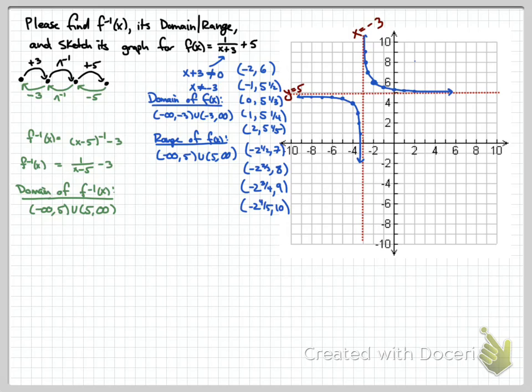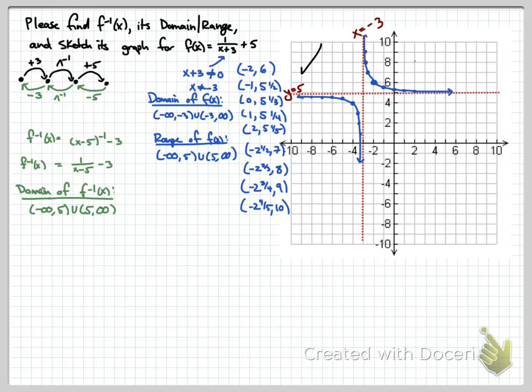The domain of our inverse function is exactly the same as the range of our original. If our original function could never have an output equal to 5, our inverse cannot possibly have an input equal to 5. Not surprisingly, our inverse function is going to have a vertical asymptote at x equals 5.